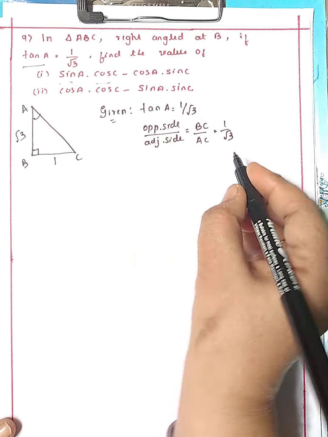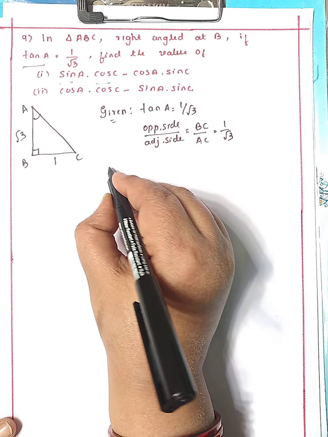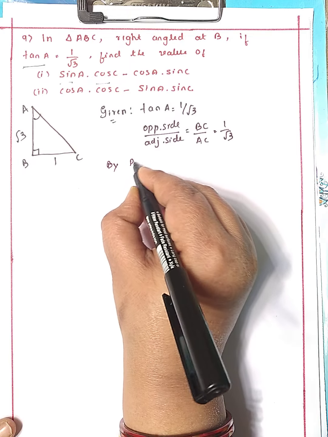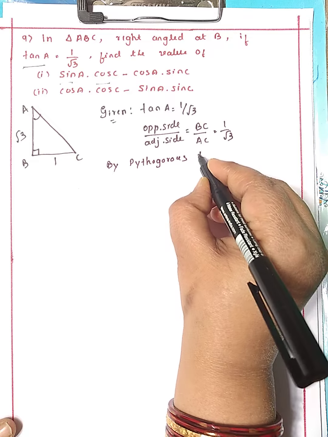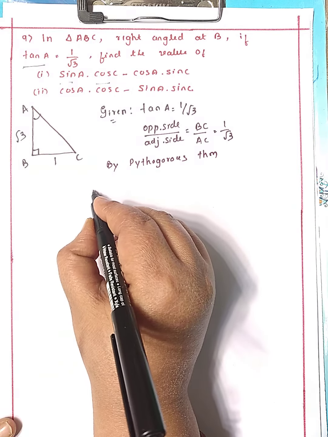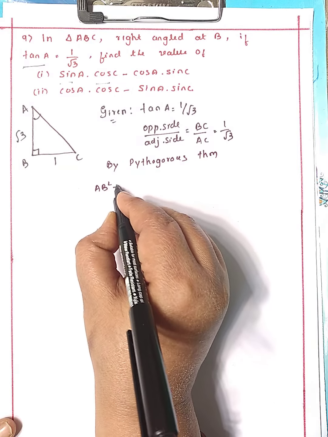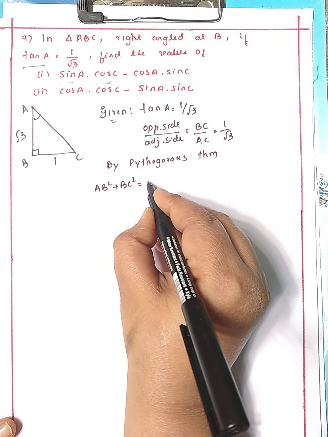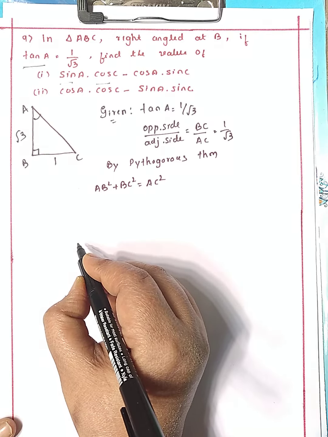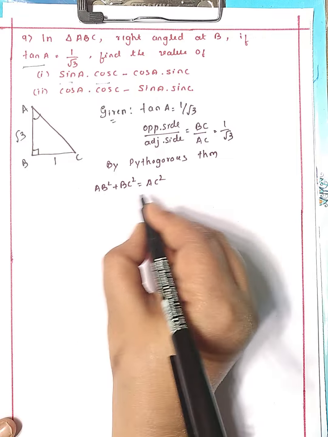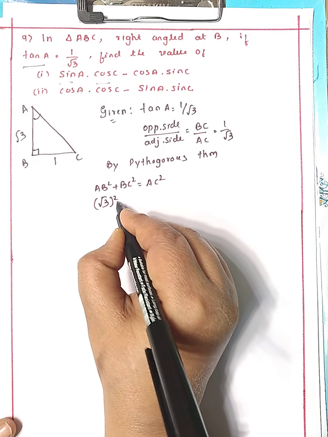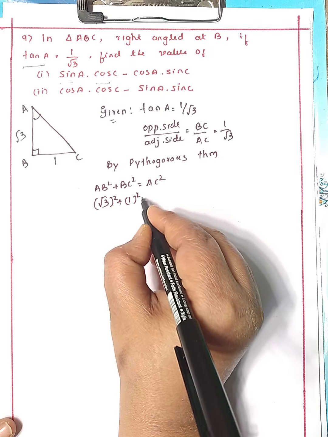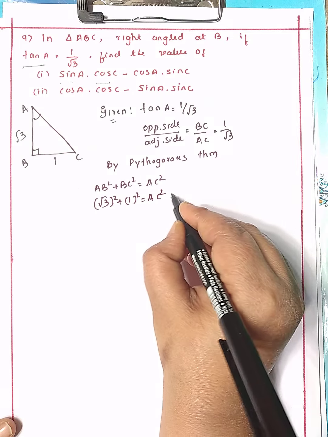You have to find out AC. For finding out AC, again we use Pythagoras theorem. We apply Pythagoras theorem, that is AB square plus BC square equal to AC square. AB is root 3. Root 3 square plus BC is 1 equal to AC square.